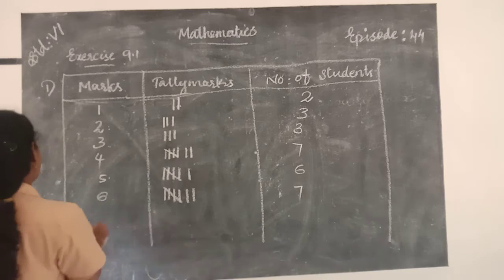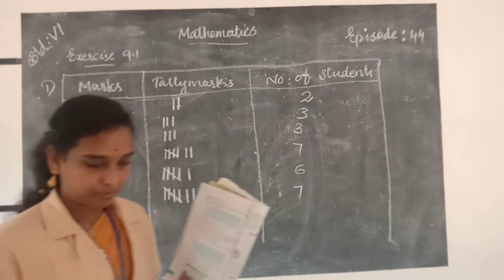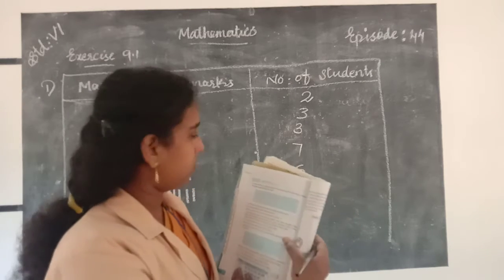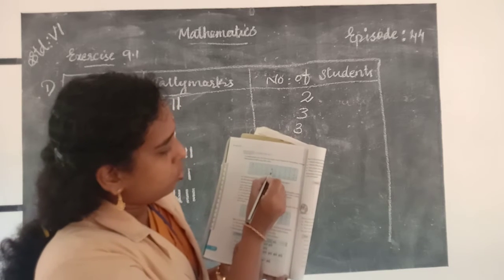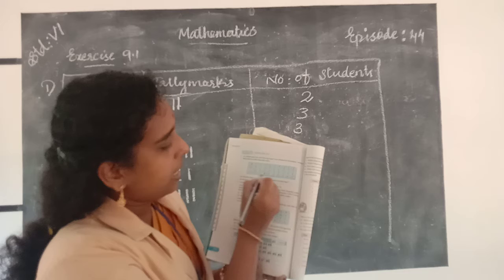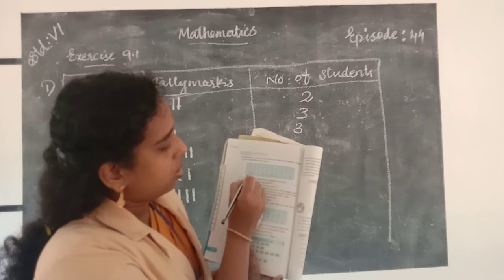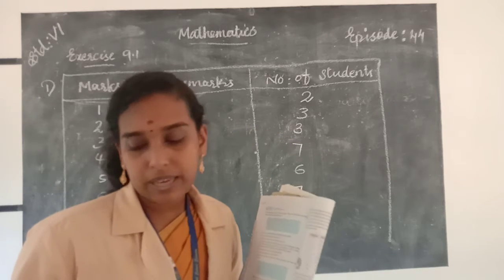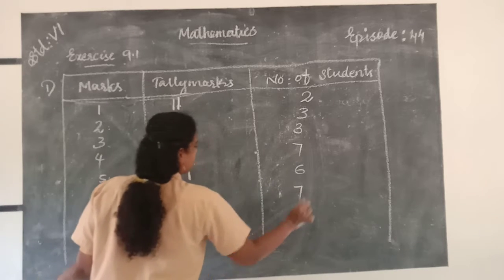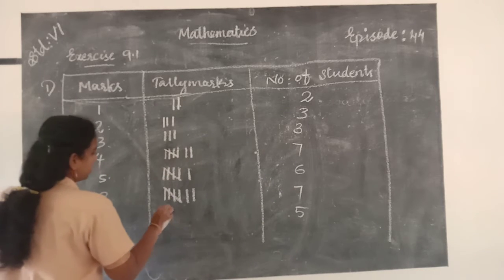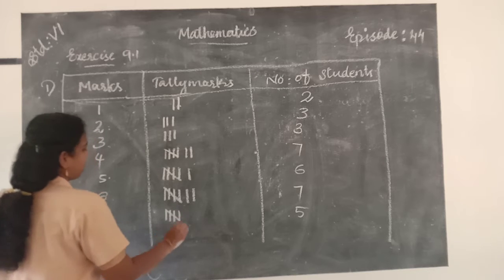Then the students who got 7 marks: 1, 2, 3, 4, 5. So 5 students got 7 marks, and the tally mark is 5. Then how many students obtained 8 marks? 1, 2, 3, 4. Okay, 4 students got 8 marks.